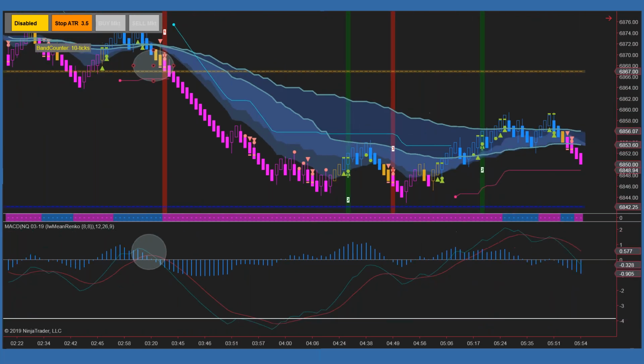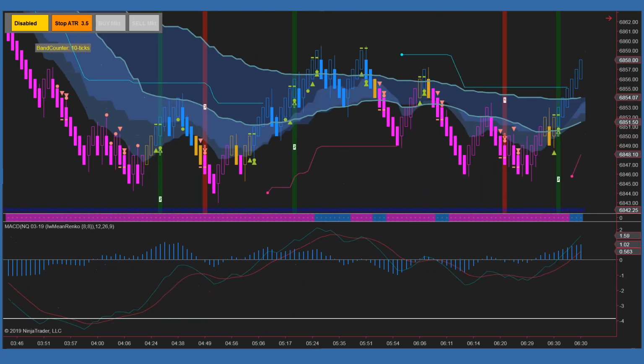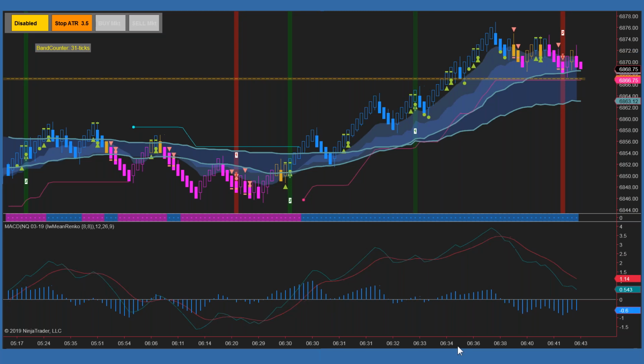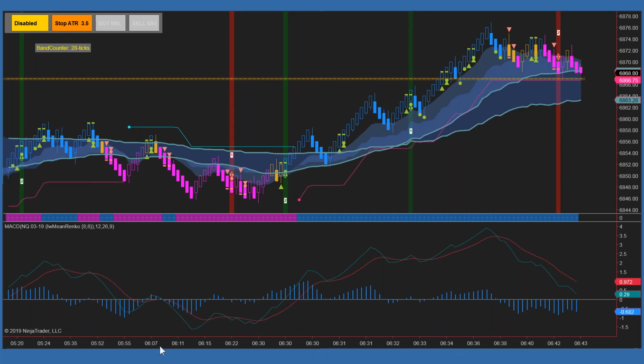Another feature of MACD, which is true for all oscillating type indicators, oscillators simply means that they go back and forth, is that sometimes it will show you divergence. Now, divergence is what happens when the indicator goes one way and price goes another.